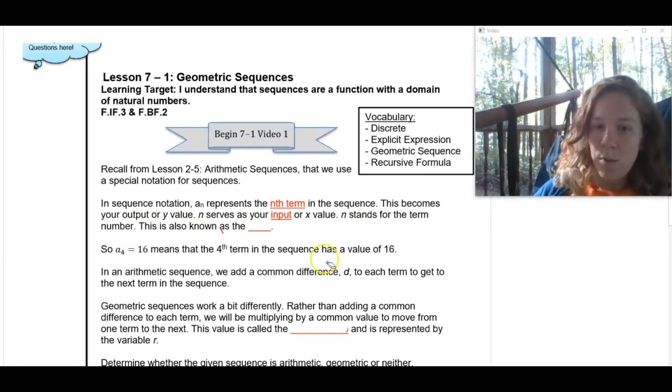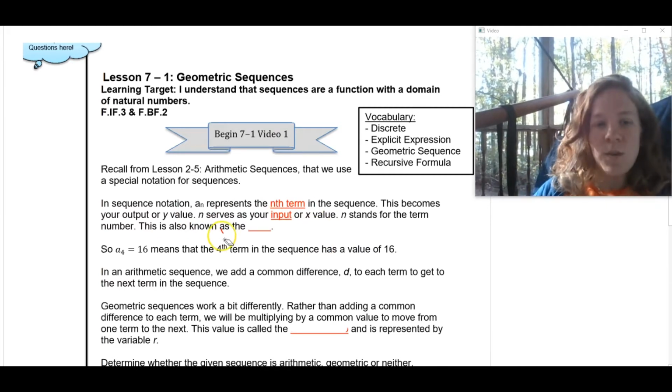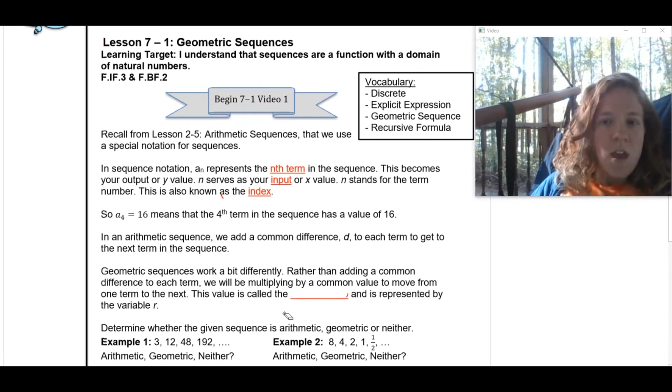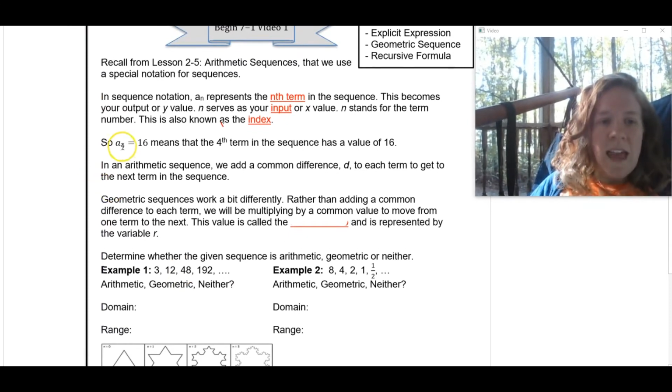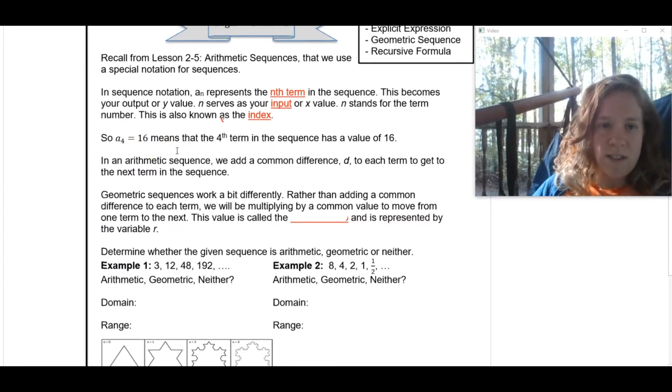N serves as your input value. It's kind of like your x. So n stands for the term number, which is also known as the index. We usually just refer to it as the term number, though. So if you see something like a sub 4 equals 16, that means that the fourth term in your sequence has a value of 16.